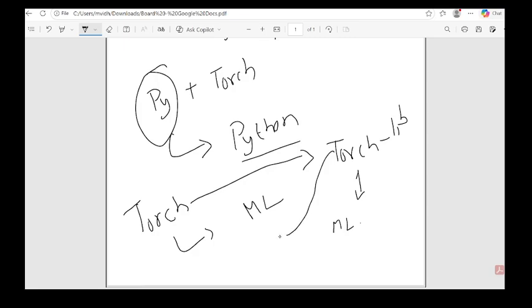But this library was built in Lua. We will see what that is.